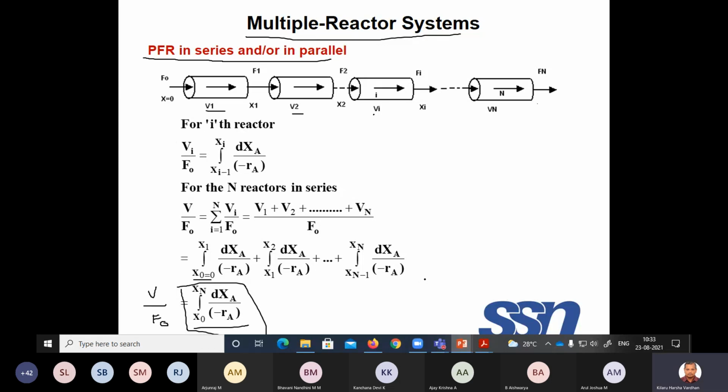Does it make sense? N number of PFRs in series, you can eliminate all the PFRs in series and put one reactor. The reactor volume should be equal to the sum of the volumes of individual reactors. That is what this is.